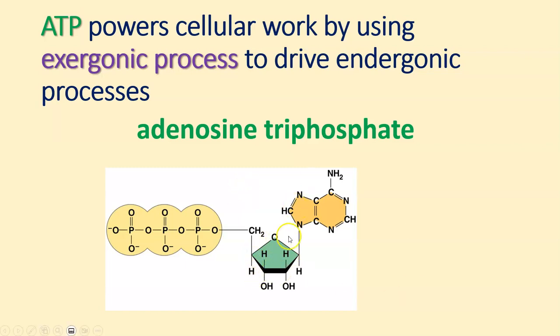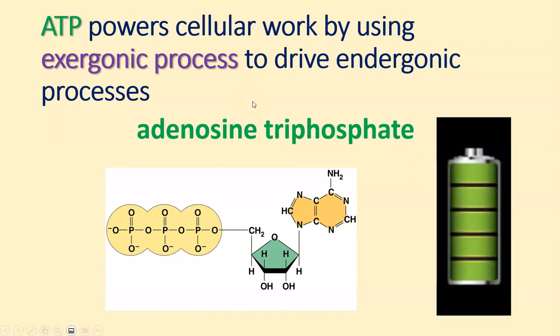This is the ribose sugar, and here on the far right is the adenine. Think of ATP like a fully charged battery. It has the full amount of potential energy to do work. And that energy is stored between the bonds of the phosphate groups, which can be broken through hydrolysis.